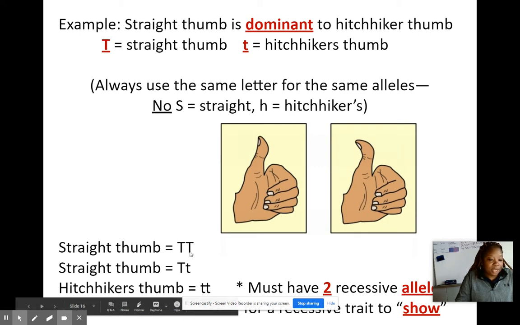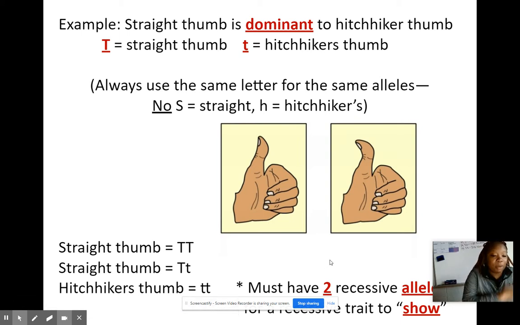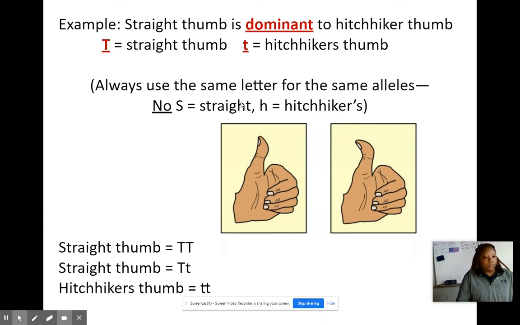Big T is dominant, and little t is recessive. It says you must have two recessive alleles for a recessive trait to show. So if the recessive trait shows, that's because the mom and the dad passed down two recessive traits.